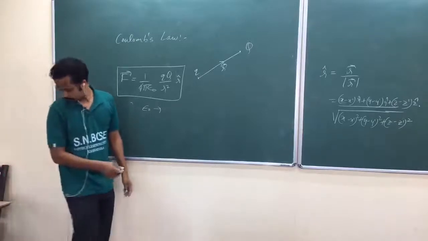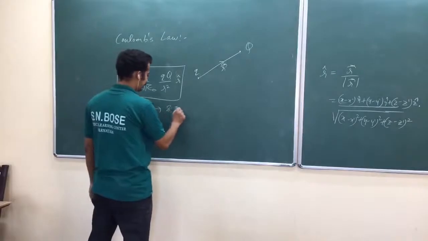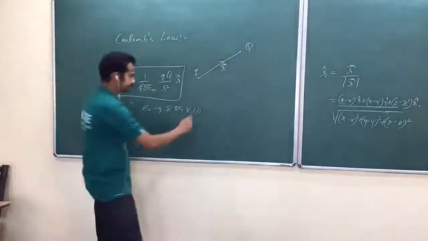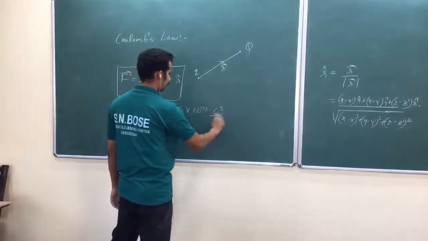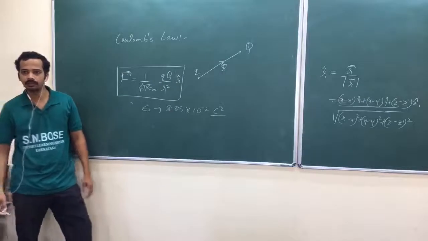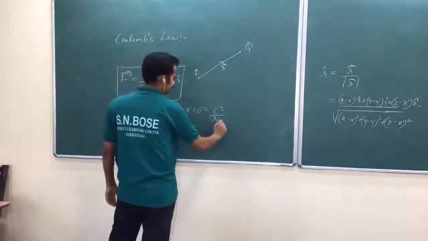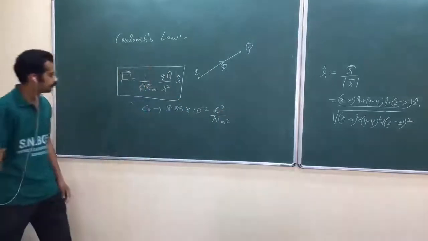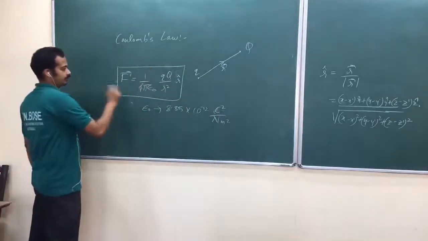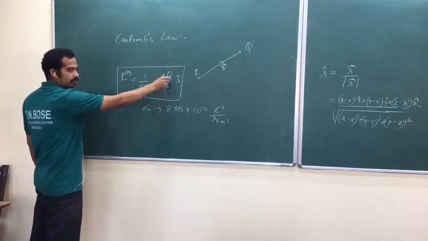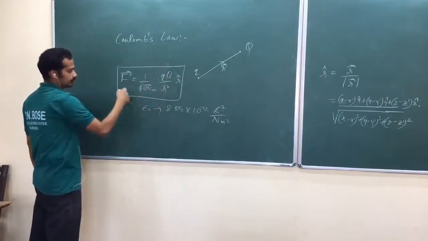It is 8.85 into 10 raised to minus 12 Coulomb square divided by Newton meter square. Epsilon naught will go here, force will come here, charges multiplication, Coulomb square, Newton meter square.